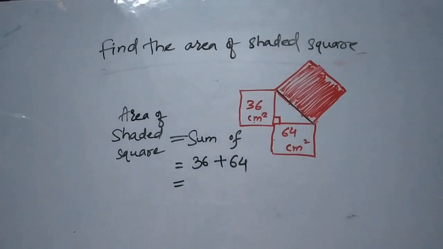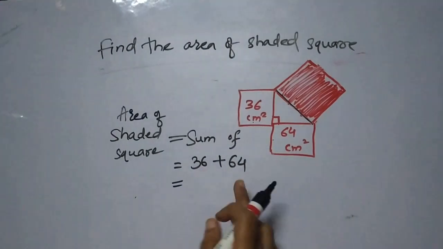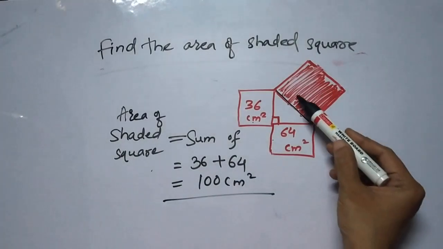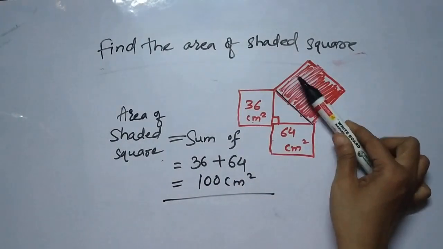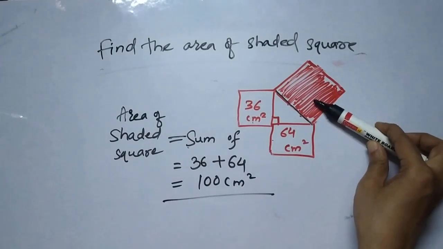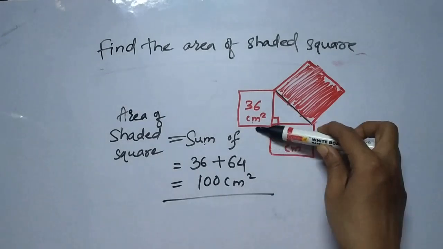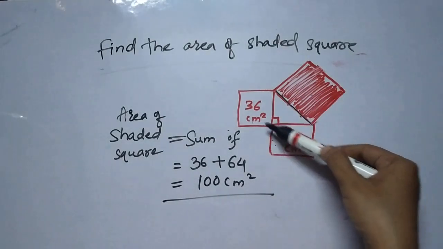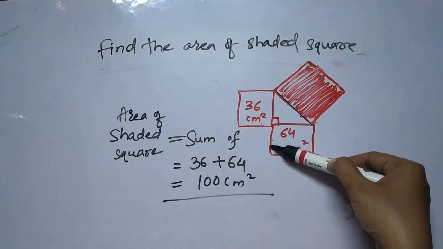So what will you get here? We'll get 100 centimeter square. This square is on the side of the hypotenuse. So this big square is equal to the sum of these two squares, and its area is equal to the sum of these two squares' areas.